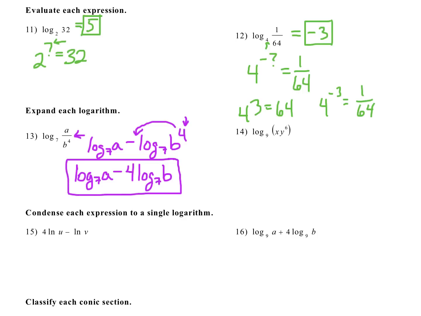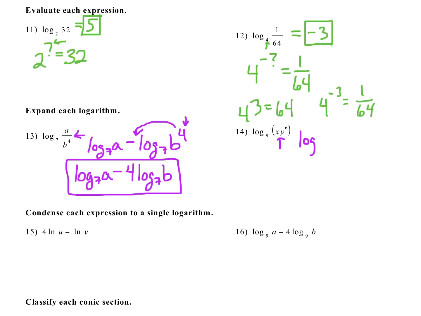And then number 14, now we've got log base 9 of x times y to the 6th. So now I've got a product property. A product property is the inverse of the quotient property, so we're going to do a sum instead of a difference.